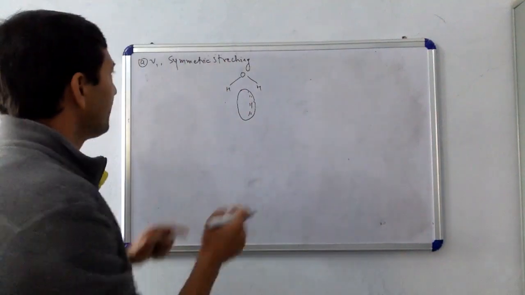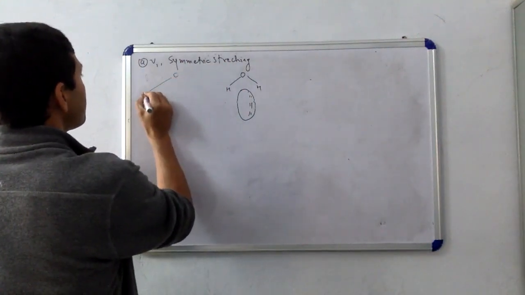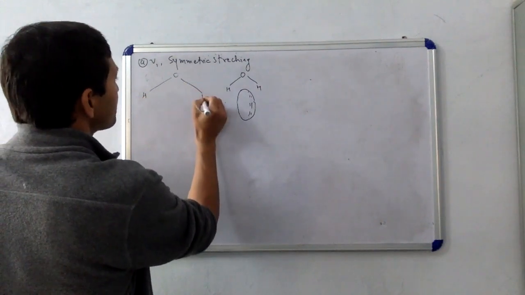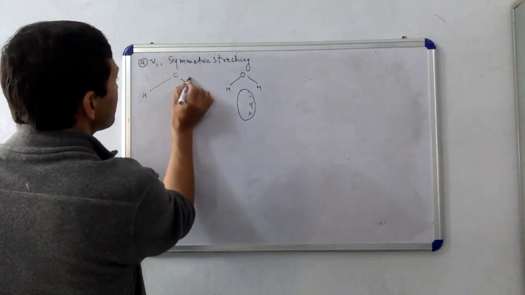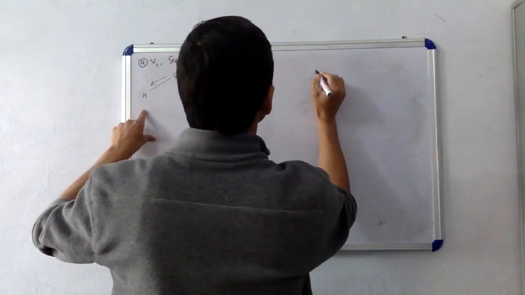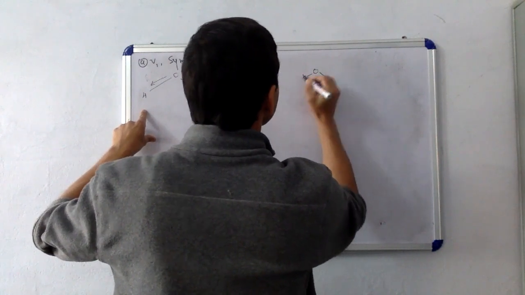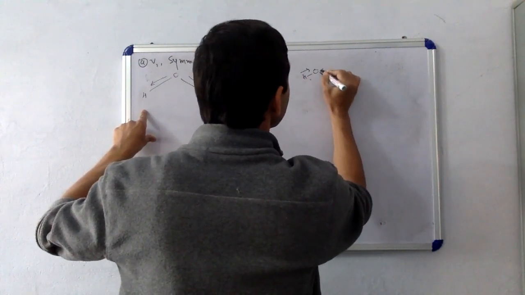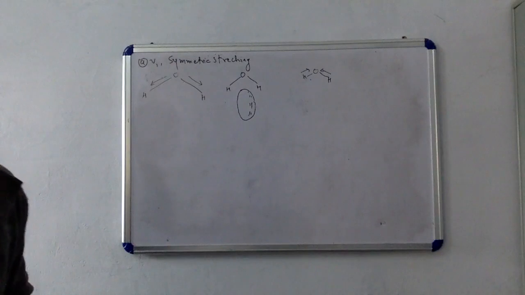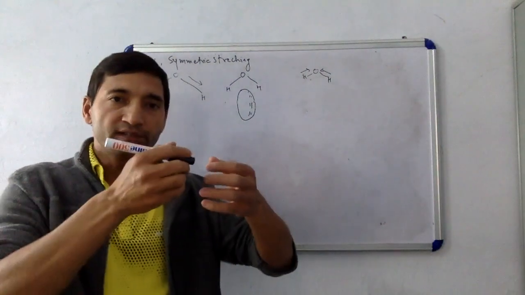On the left side, this H goes here and this H goes here, so the atoms are moving in this fashion. And here, the two H are moving towards the O atom.